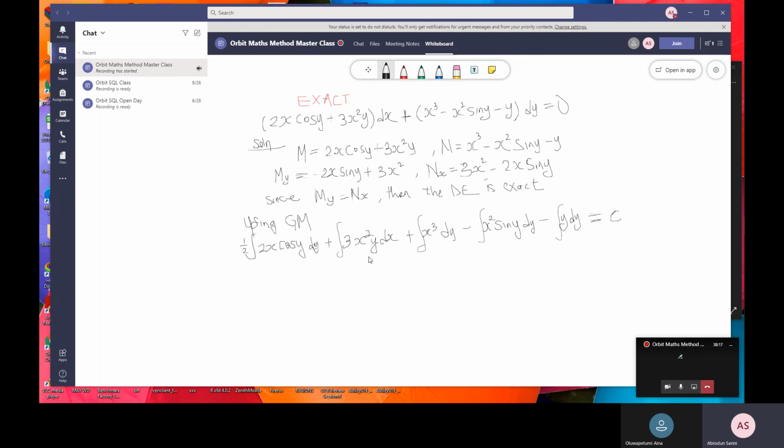If you have dx and there is a y, another variable that is not x, you have to put half. So half has to be here too. This one you have dy, there is an x, so half has to go here too. Also half has to go here because you have dy and there's an x component there. Here you have dy and you have just y. There's no x component, so this one is fine. Do you understand?